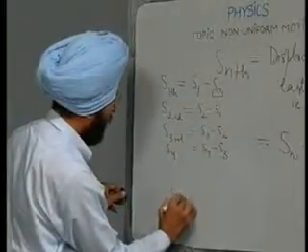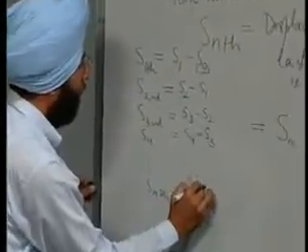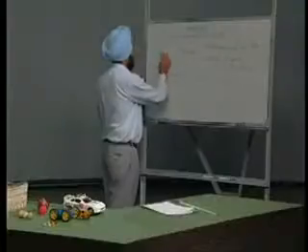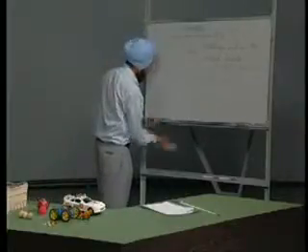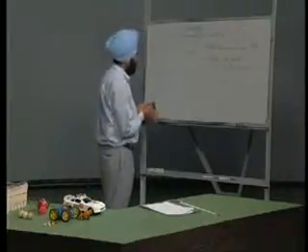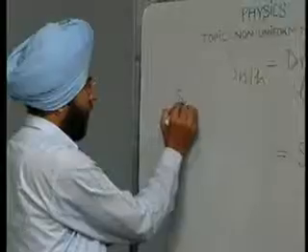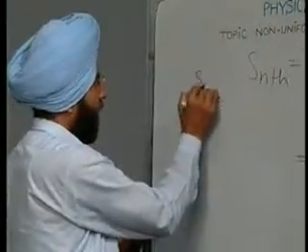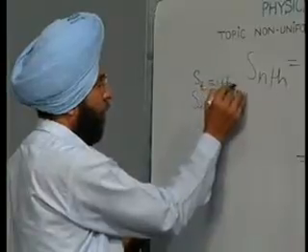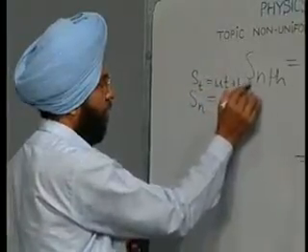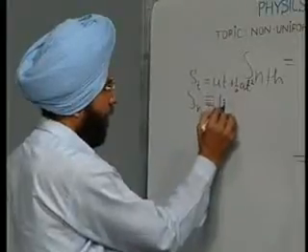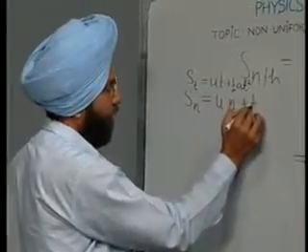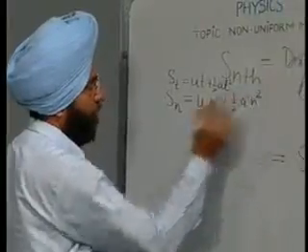S nth is equal to S n minus S n minus 1. So, instead of t, we are taking the time as n. S t is equal to u t plus half a t square, so S n is equal to u n plus half a n square.